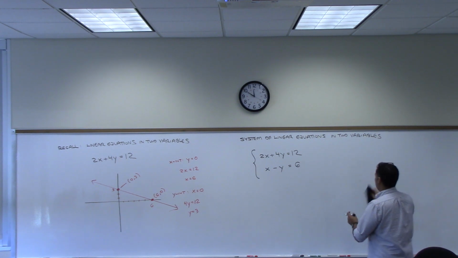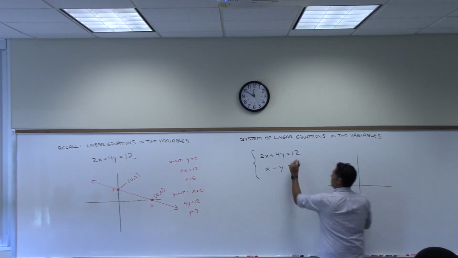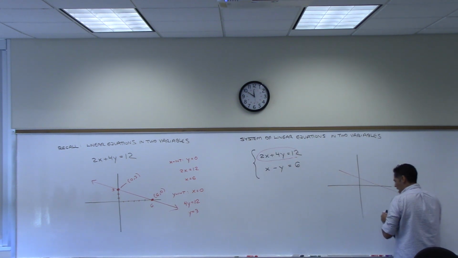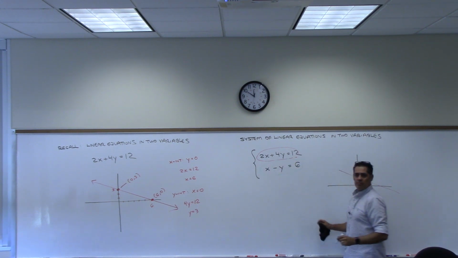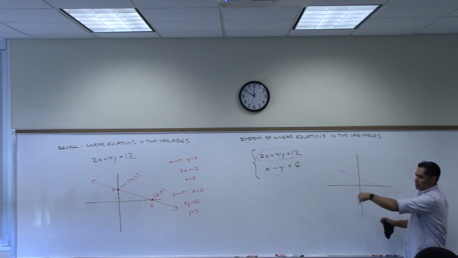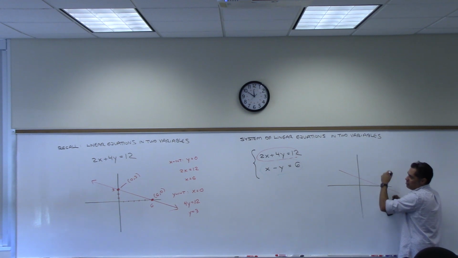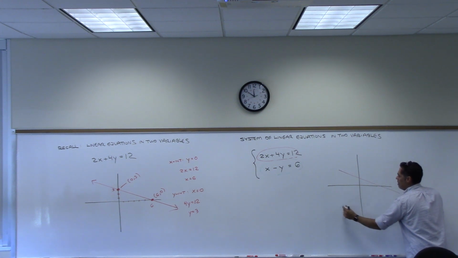So think about it geometrically. Geometrically, this is a line, isn't it? And we just drew it over there. It looks like this. And then this is a different line, isn't it? And I draw that somehow, somewhere. I'm just going to make it up. It's going to go something like this.